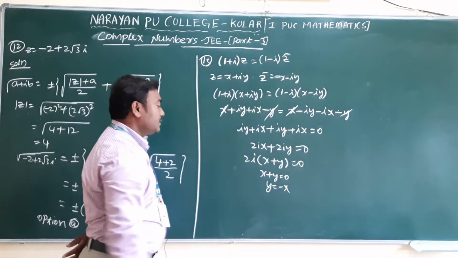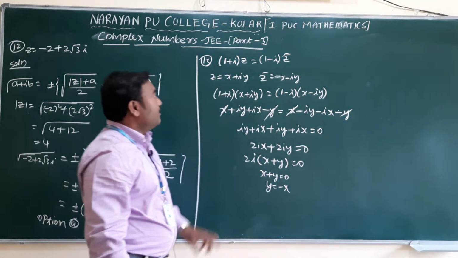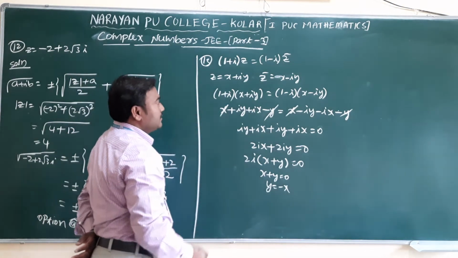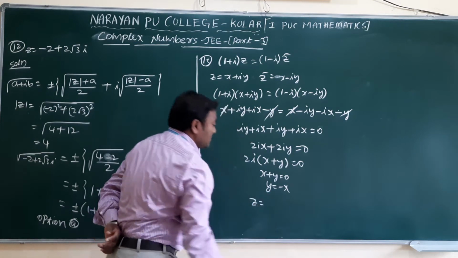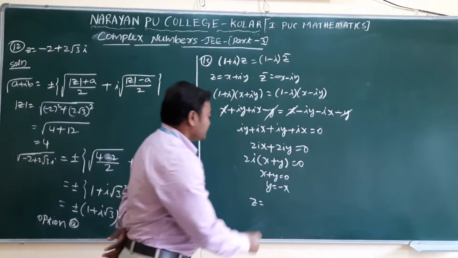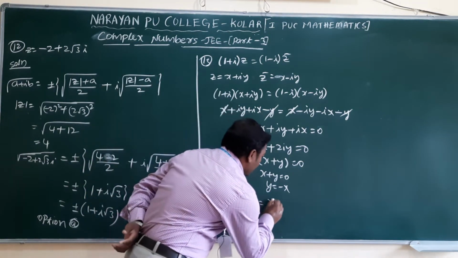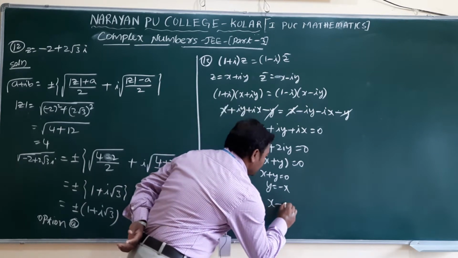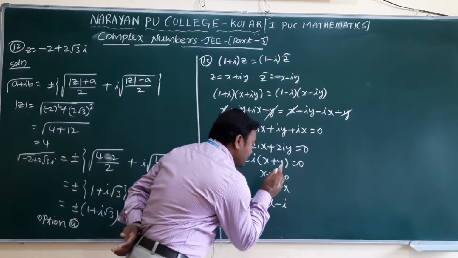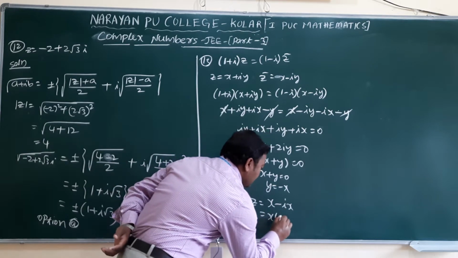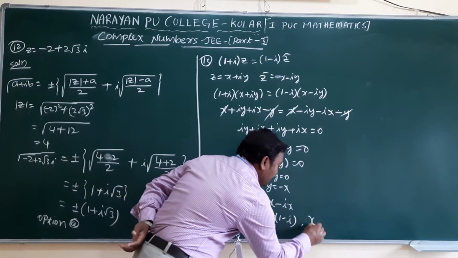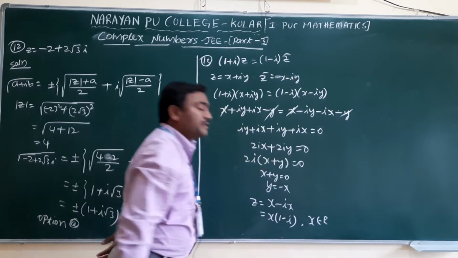Now substitute the y value in z: x minus i y, so y value minus x, we are getting x minus i into minus x. Here we take common x, 1 minus i. But here x is a real number.